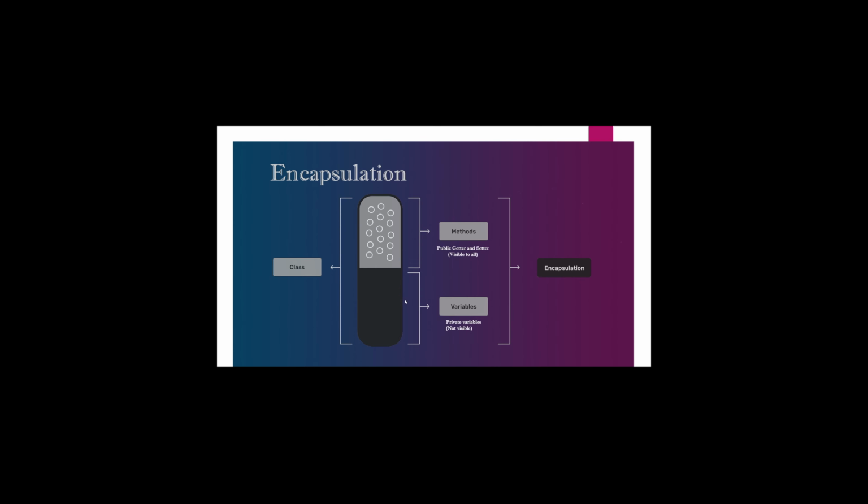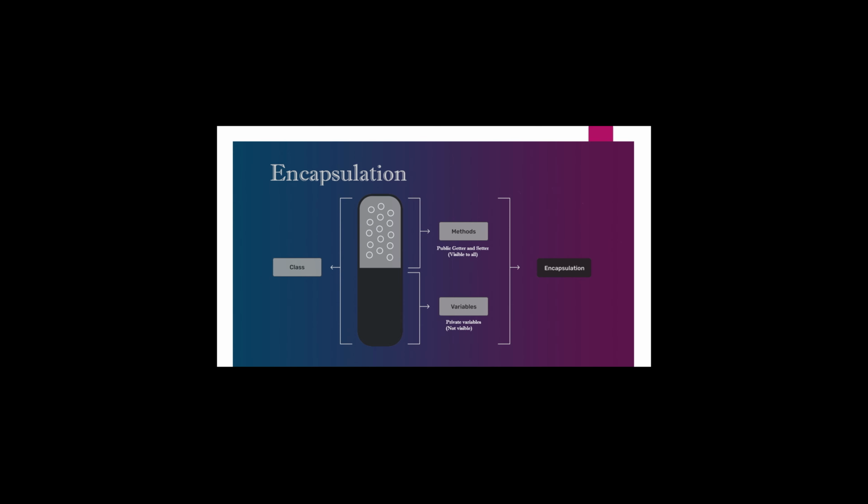As we keep those variables private, no one can access them, so we hide them from the outside world. But to set data and to get data for these variables, we have some public getter and setter methods, and those methods are public, so they can be accessed from the outside world.